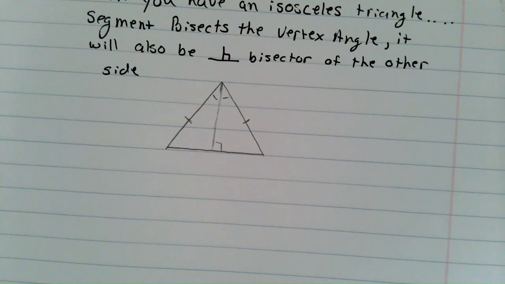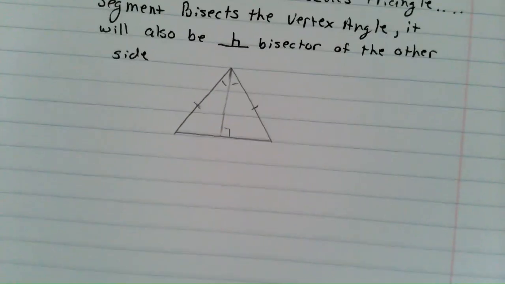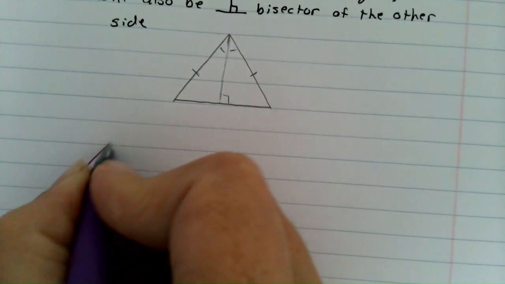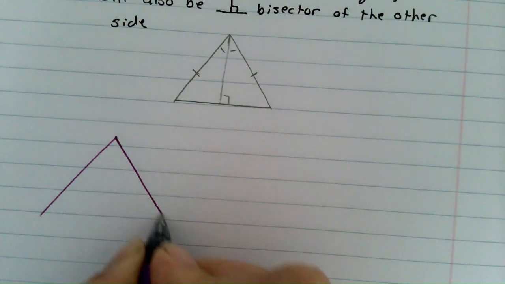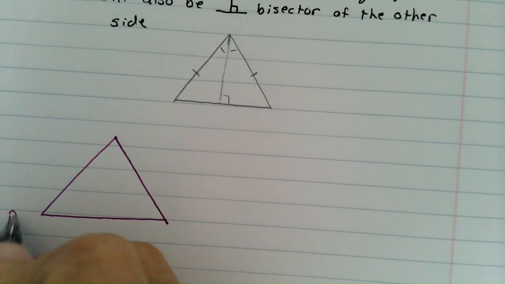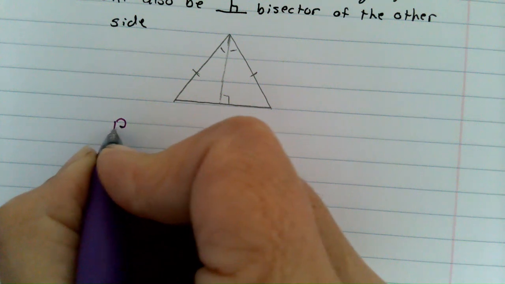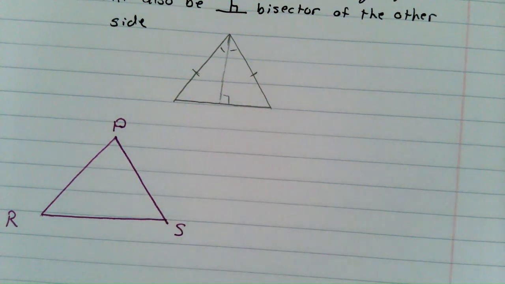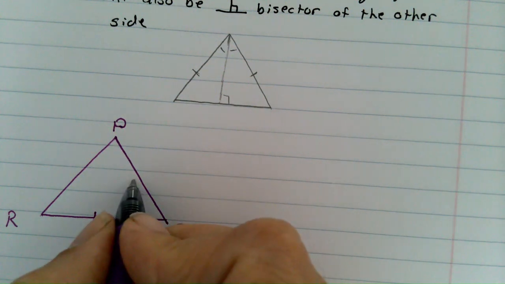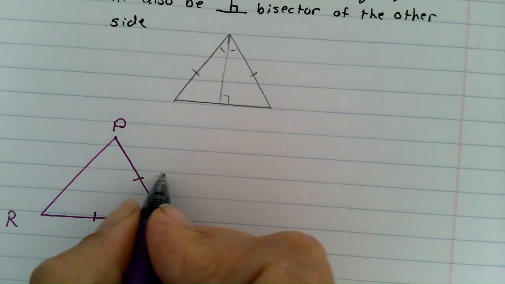So let's say I give you a triangle. All right, and RS is going to be congruent to SP, and they are both going to be 8.